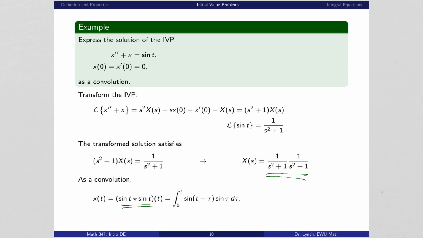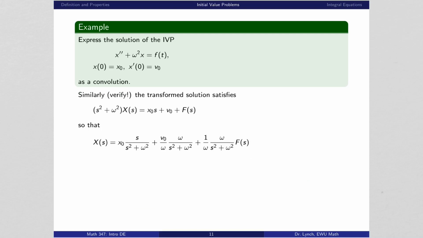More generally, if we have a similar differential equation with an arbitrary source term, here the arbitrary source term is f of t, we can similarly express the solution of this differential equation with the convolution theorem. Okay, so I won't go through it, but the left-hand side and the right-hand side transform such that the unknown function capital X satisfies this equation, which we can solve quickly for capital X of s.